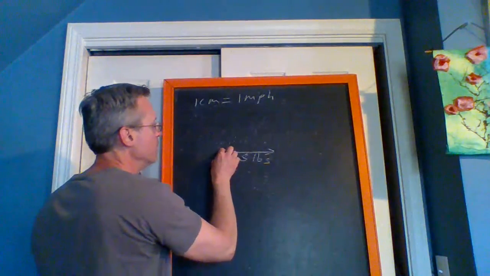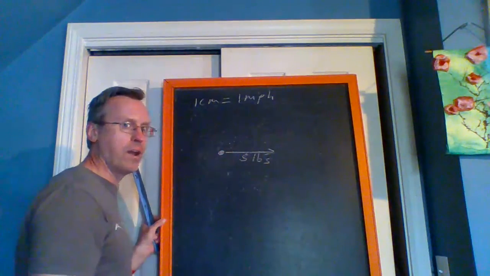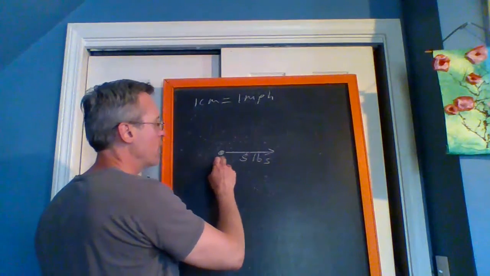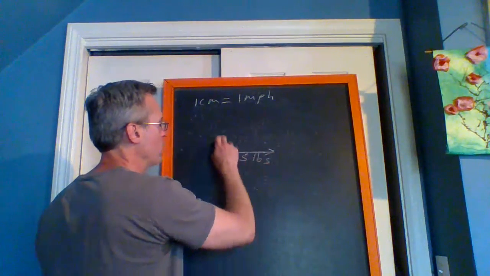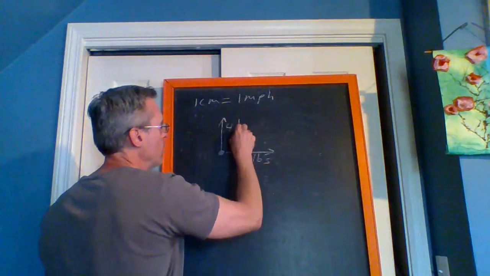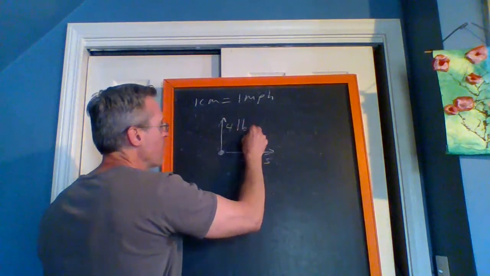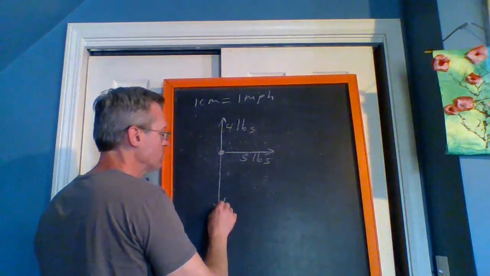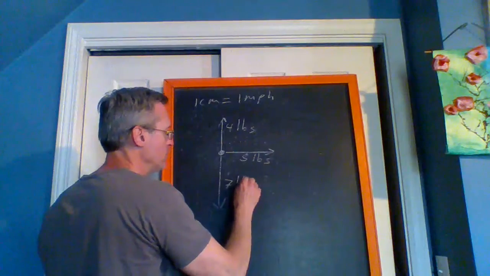And let's say it's like a toy that some kids are fighting over, and all 3 kids got the toy, and one kid's pulling this way with 4 pounds, and then another kid is pulling this way with 7 pounds.